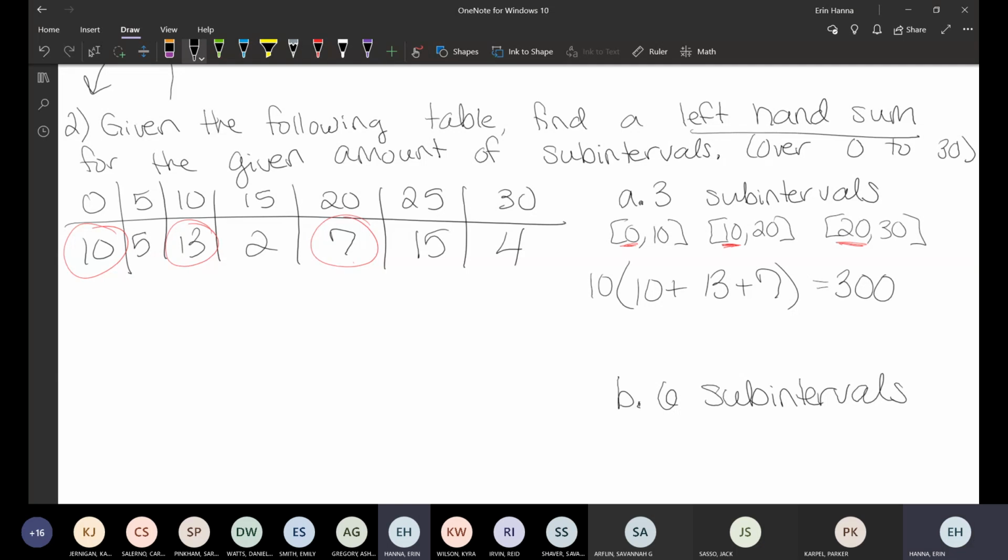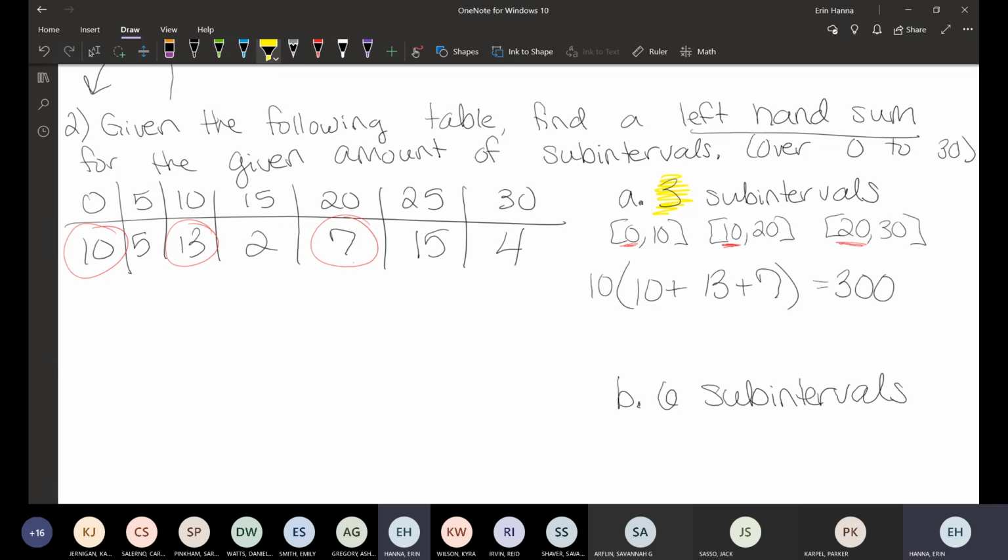Because we're using 3 subintervals. We're told to break it up into 3 subintervals. So the number of subintervals is going to equal the number of things you're adding together. If you're only going over 3 subintervals, you should only be summing 3 things.